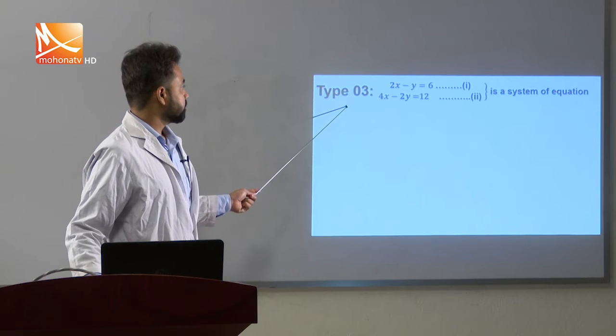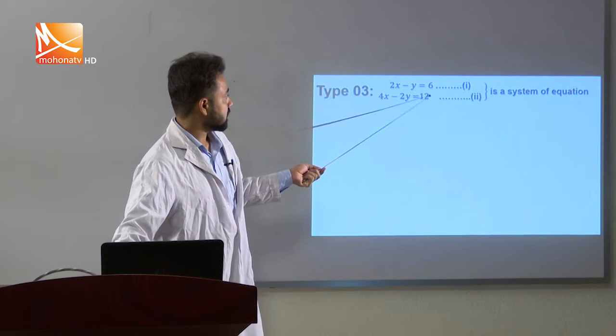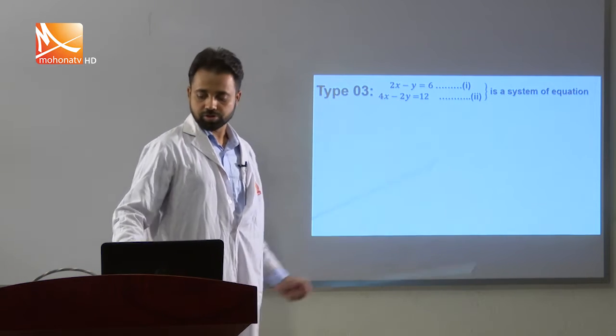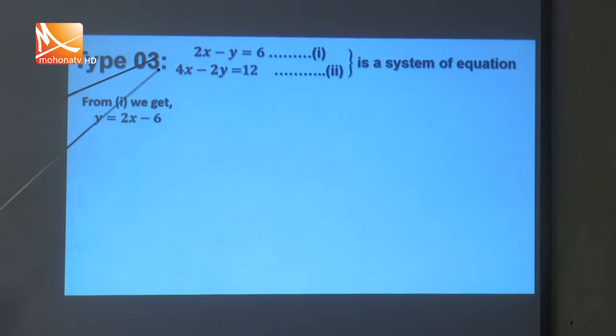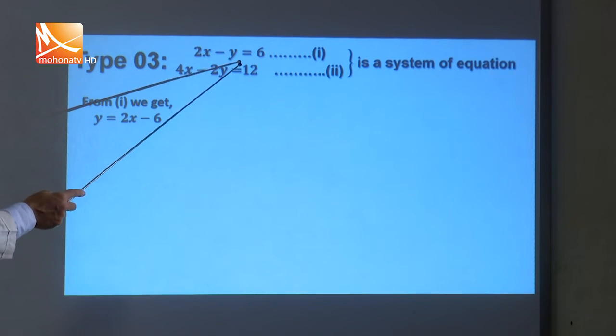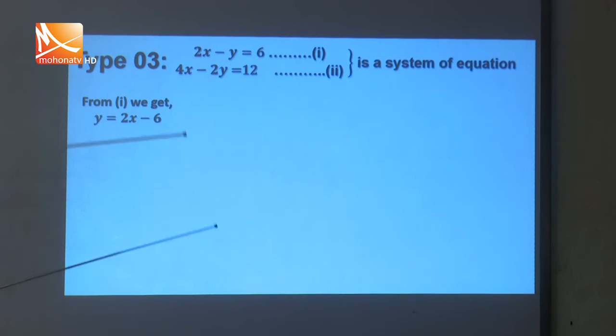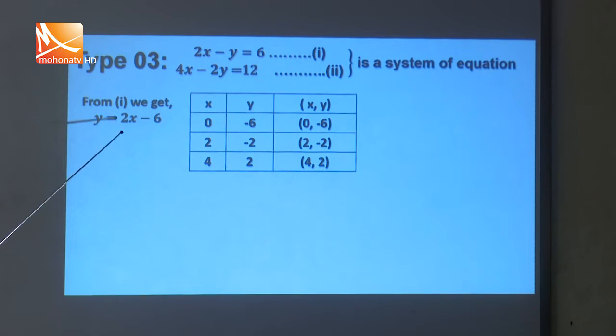Okay, type 3. This is a system of equations. The first equation is 2x minus y equal to 6. So, from equation 1 we can write y equal to 2x minus 6. In the previous way, we will find some points on the equation y equal to 2x minus 6.